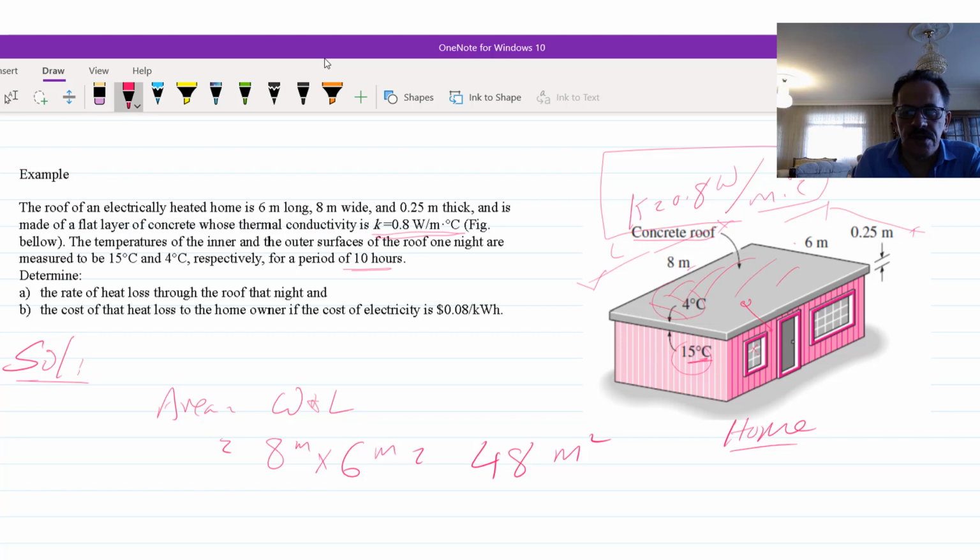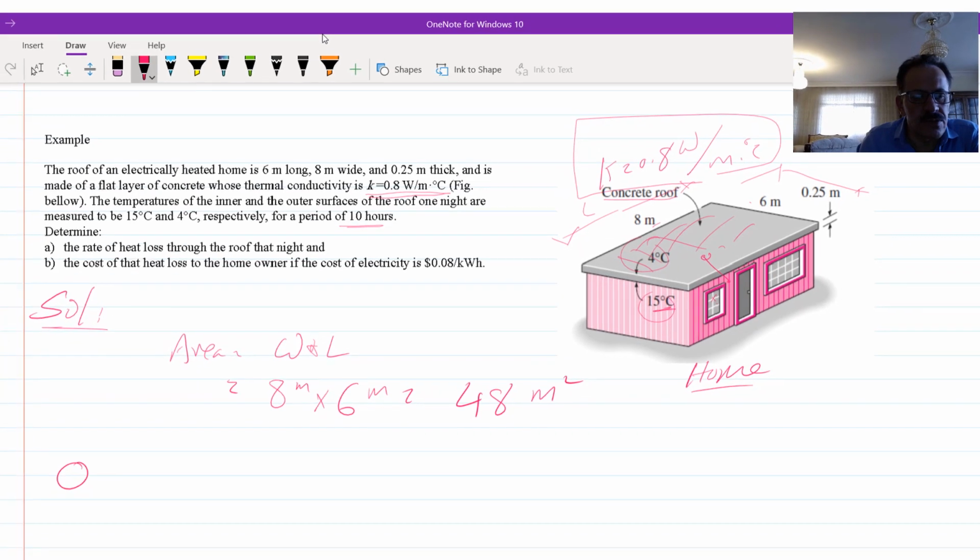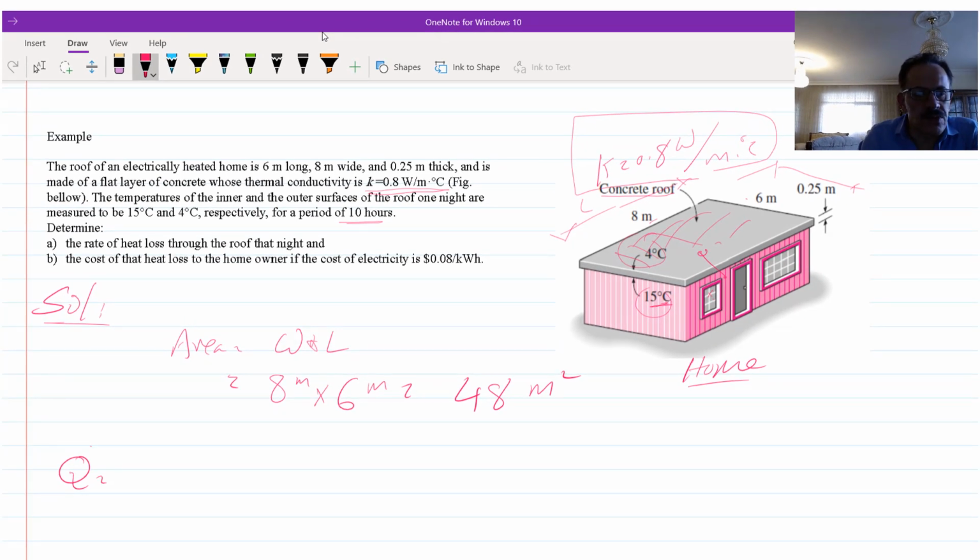Now the heat transfer rate, Q, is equal to conductivity times the area times delta T over delta X, the width of this roof, 0.25 meter, the concrete roof width. That will also affect the amount of heat transfer.